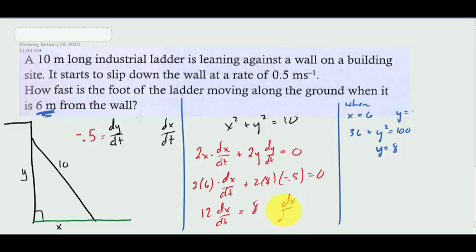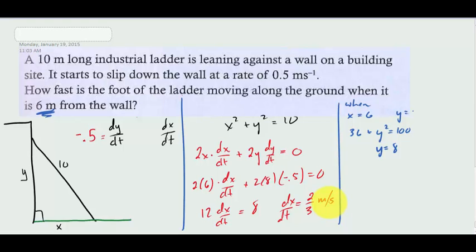So dx/dt is equal to positive 2/3 meter per second. And that's positive. It's a positive rate. That should make sense. That end of the ladder is moving away from the building.